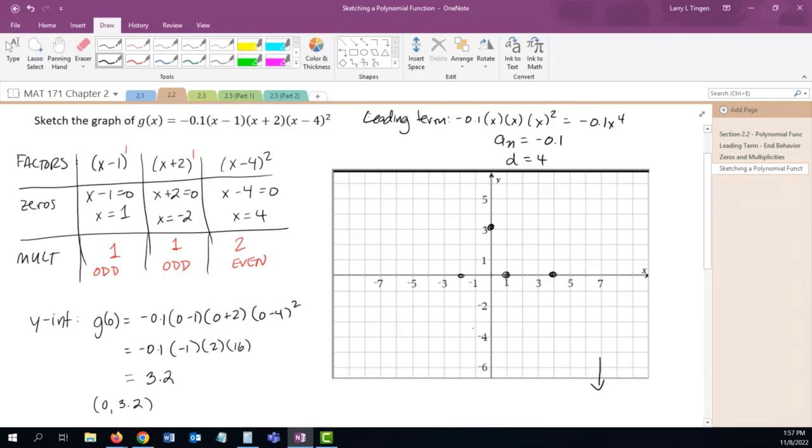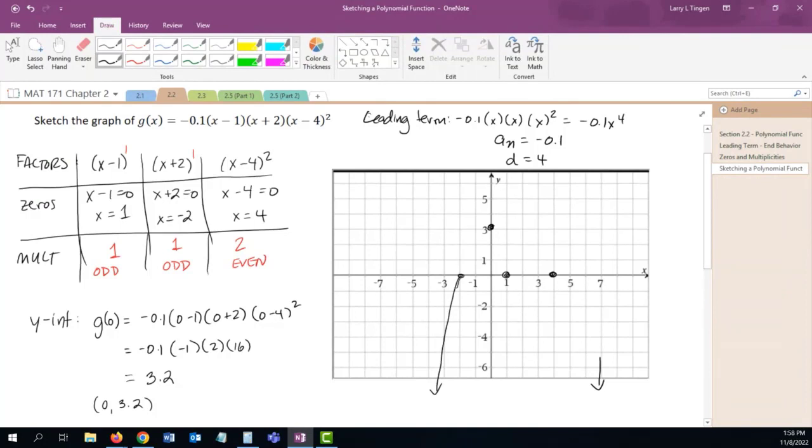And when I get to negative 2, whoop, that's not a function if I draw it that way. So I get up here to negative 2, and that has an odd power, odd multiplicity, so that means I cross.